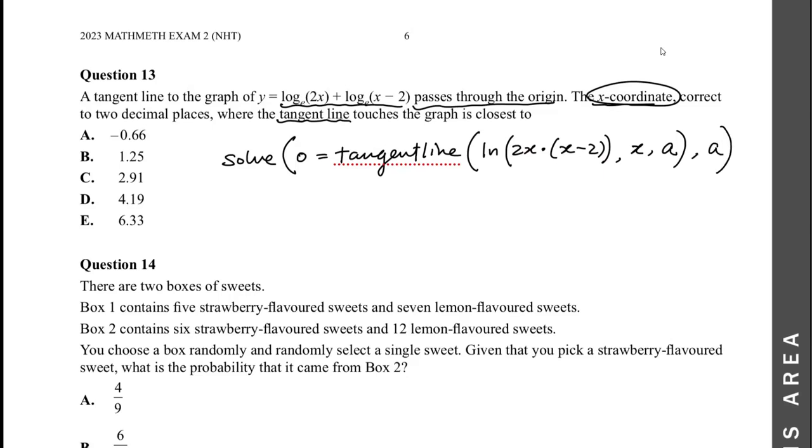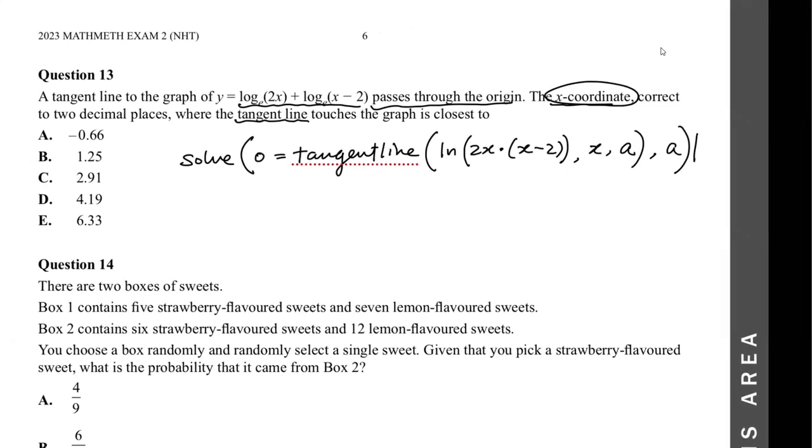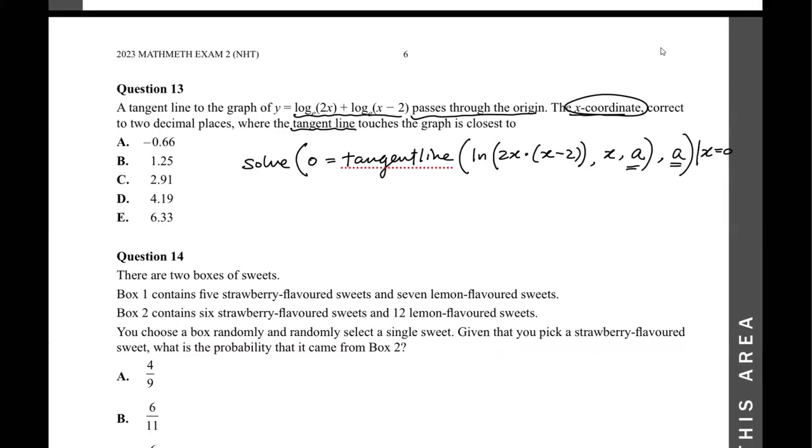And we find a, given x equals 0. This letter a is a dummy variable. When we are using this dummy variable, we are trying to find the tangential point, x value, which is represented by a, okay? And then once we get the a value, we can go back and figure out the equation of tangent and then find the x-intercept. So that is a combined approach.